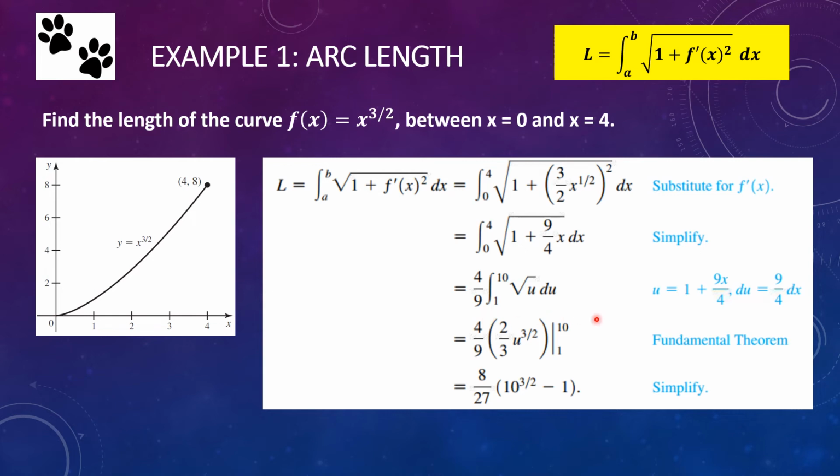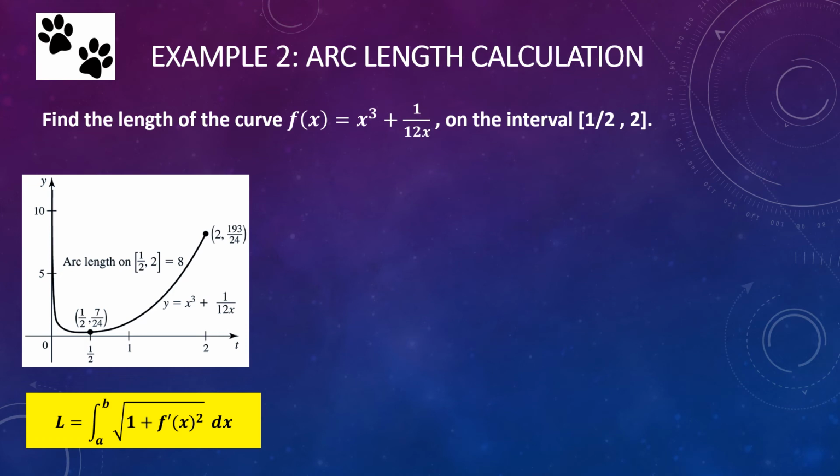And again, these are techniques you should have learned and remember from Calculus 1. You might want to go back and look at your integration techniques, especially substitution and implicit, etc. And the total here, when you do this out, you should have got 9.1 units.